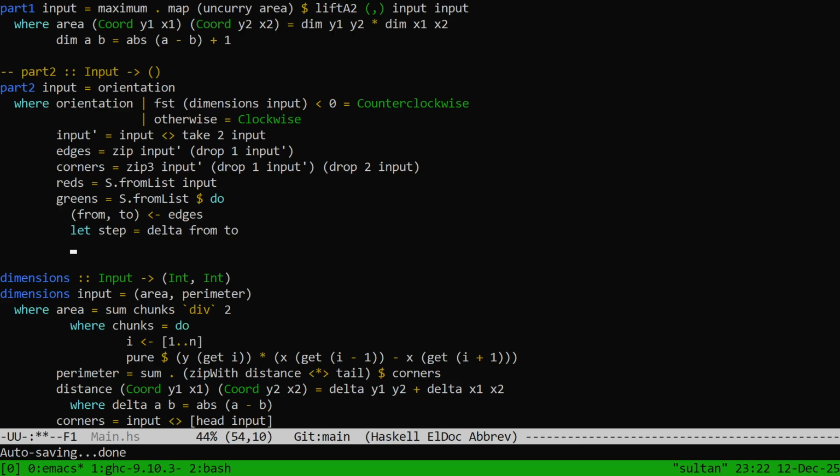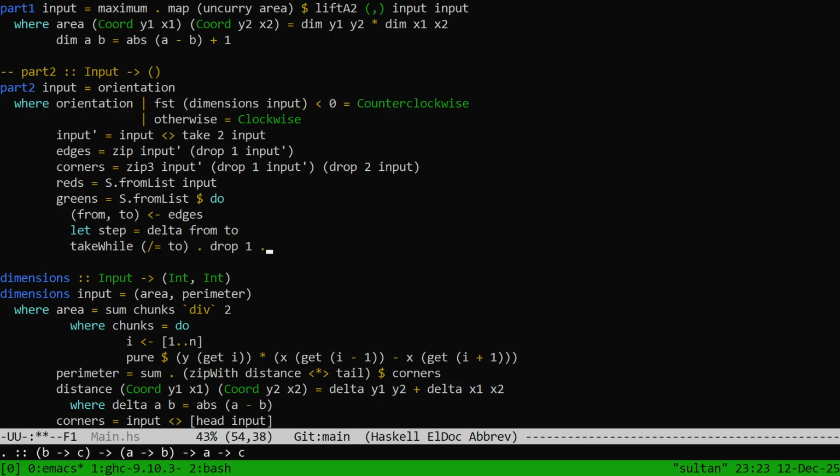I want to iterate adding the delta to the from until I get to the 2, right? Take while not equal to the 2, drop the first one, I guess.